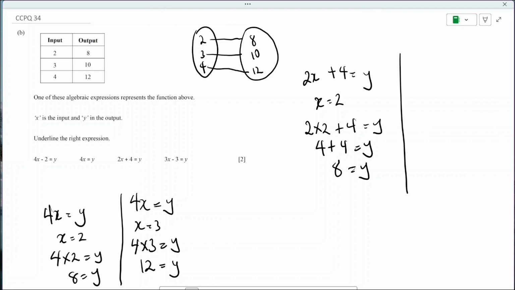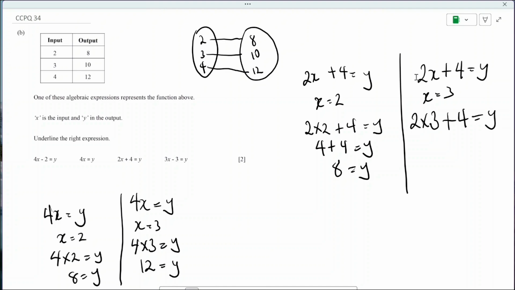We write the equation by the side. 2x plus 4 equals y. When x is 3, would y be 10? So we have 2 times 3 plus 4 equals y. We change this x to 3, and this x is linked to this 2 by times.